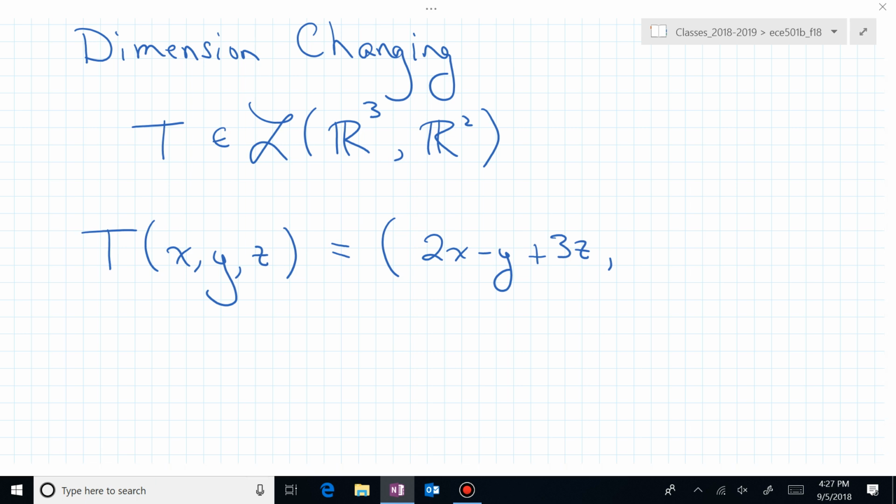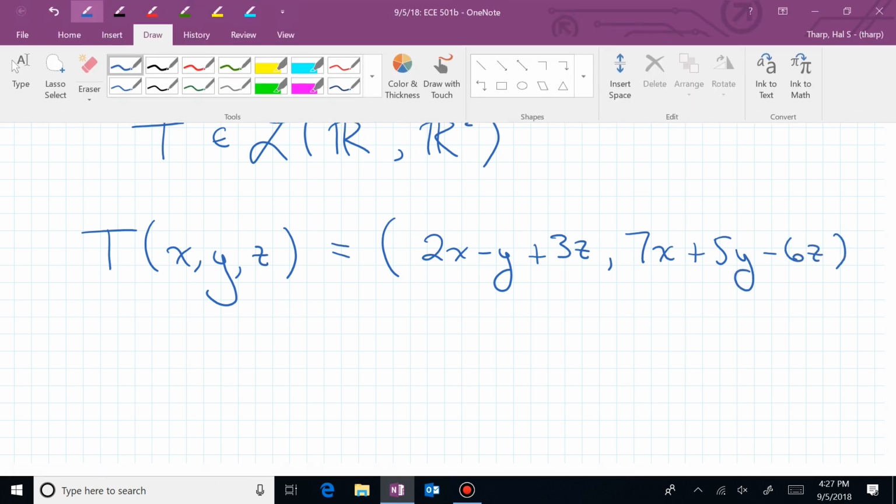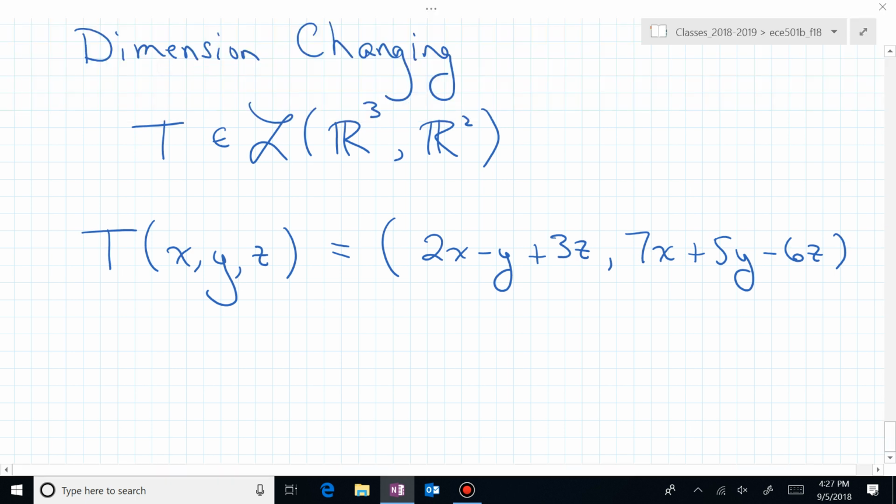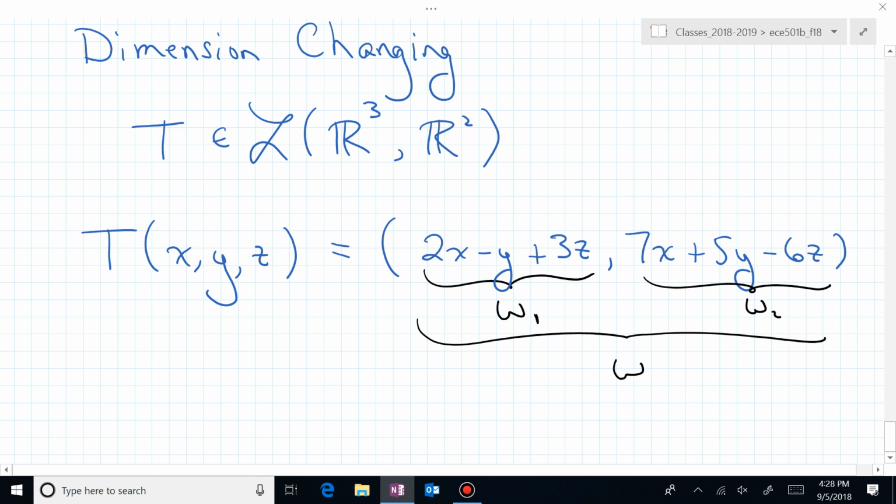And the second coordinate of our output going into R2, let's say, is 7x plus 5y minus 6z. Where this is now, let's say, W1, W2, and this combination is W. That's another linear map.